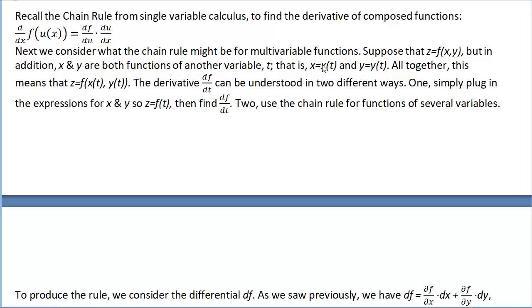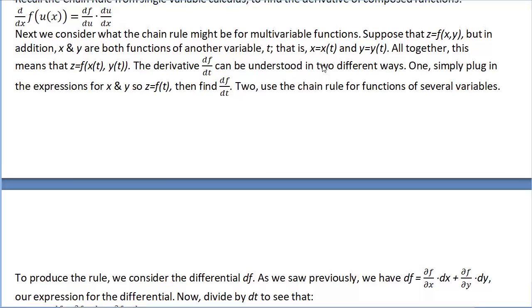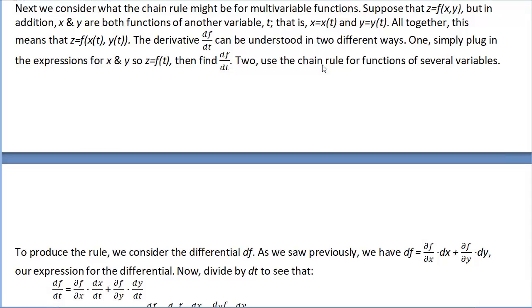Once we have that, it's pretty easy to get to df/dt. You can just divide both sides by dt, and you immediately get the chain rule that we need: df/dt equals partial df/dx times dx/dt plus partial df/dy times dy/dt. Once you understand differentials, it's easy to get this chain rule.